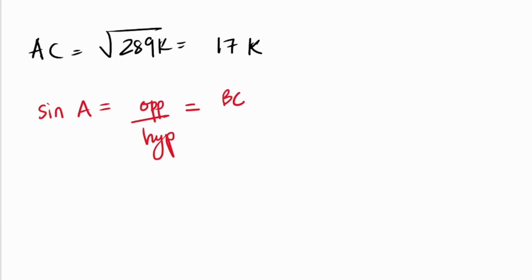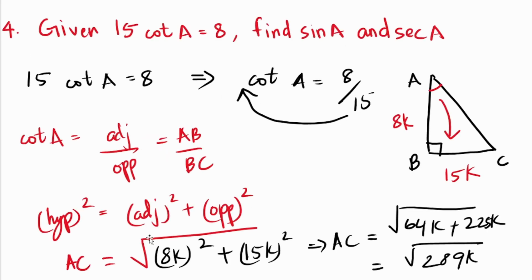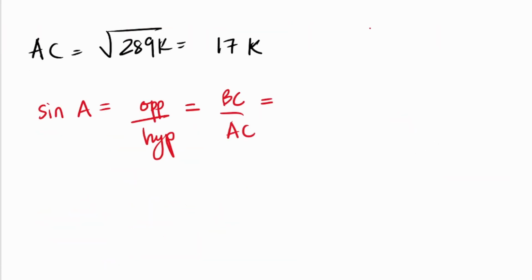BC we found out is 15k, so it's 15k by 17k. When you cancel out k, you will get 15 divided by 17.